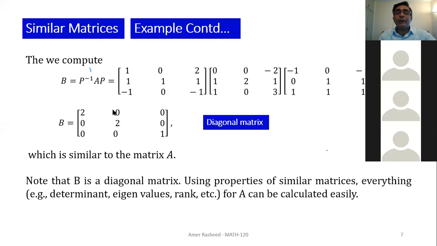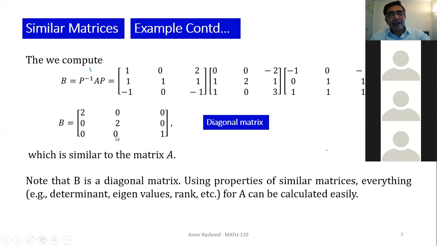That was the repeating eigenvalue. Go back to the previous slides and check the eigenvalues of this A matrix. And corresponding to these eigenvalues, we have also found the eigenvectors. We have found that there is one eigenvector corresponding to 1 and two eigenvectors corresponding to lambda equal to 2.